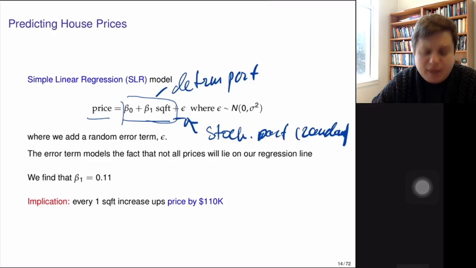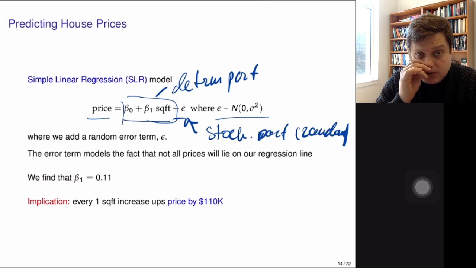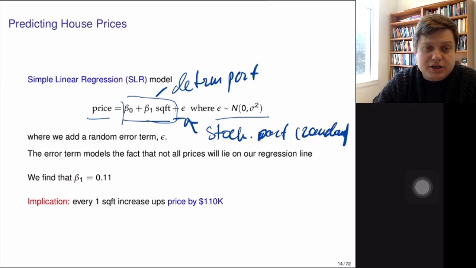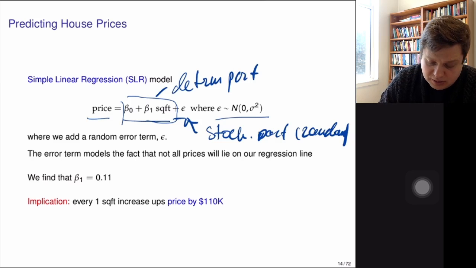For linear models, we assume that this error follows a normal distribution centered at 0 with some standard deviation sigma. The error term models the fact that not all prices will lie on the line.